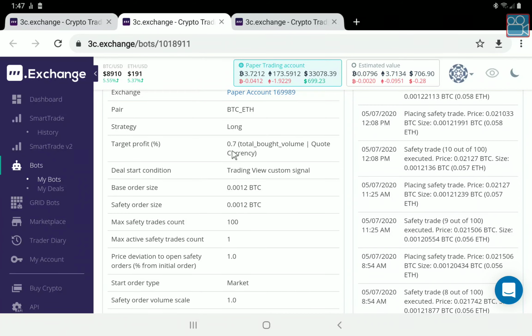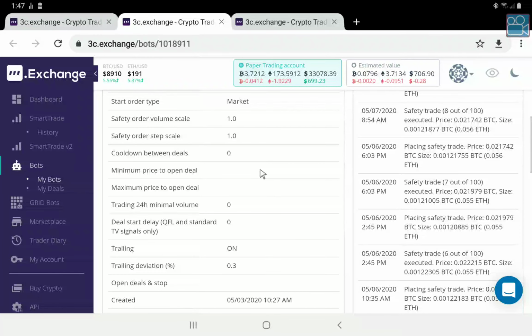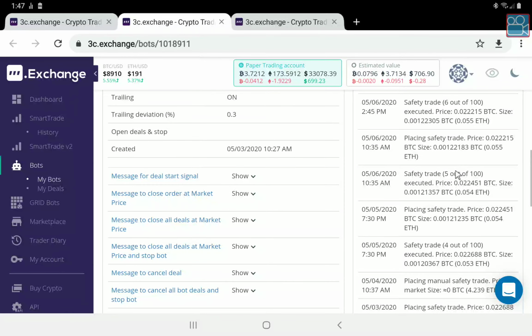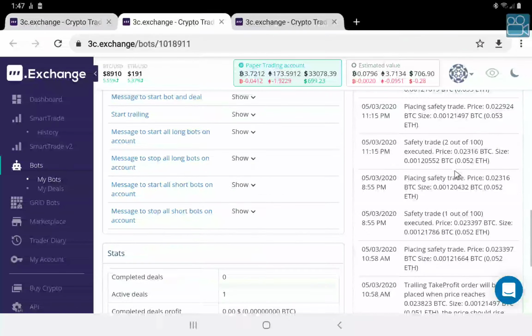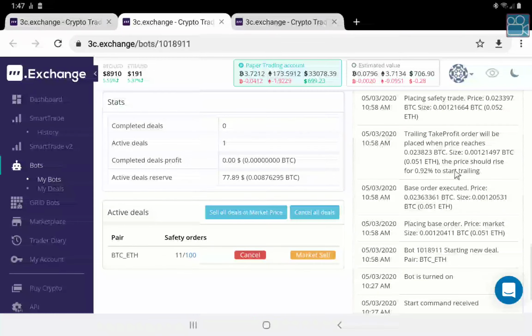Standard take profit from my fail-safe approach, and you'll notice it's doing a lot of activity. But the one thing you'll notice, it hasn't made any profit yet.